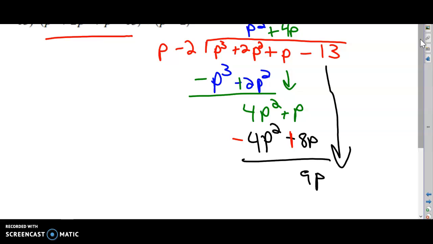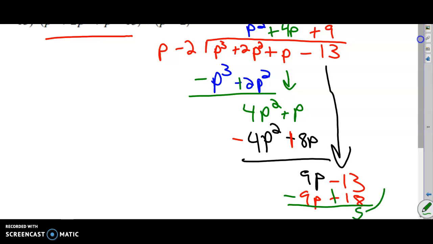All right, we are going to end up with that minus 13. P goes into 9p 9 times, so we do times 9, we get 9p minus 18, which is going to become negative 9p plus 18. We end up with a 5 left over.